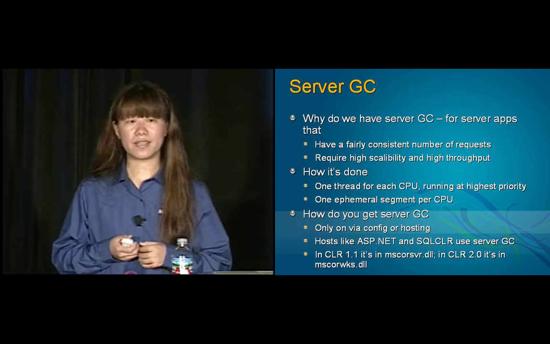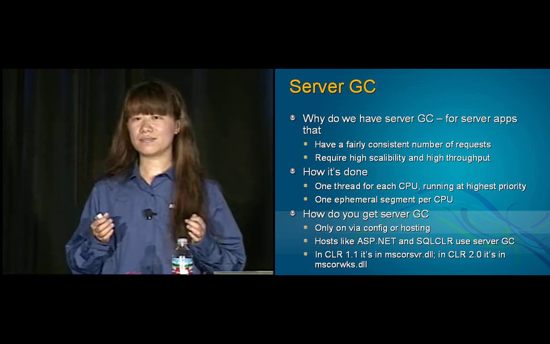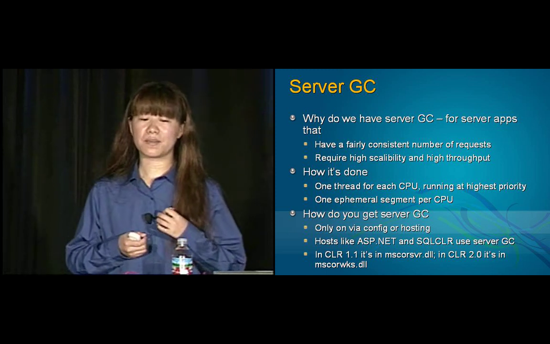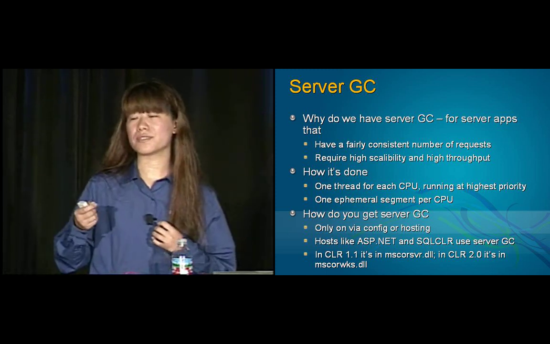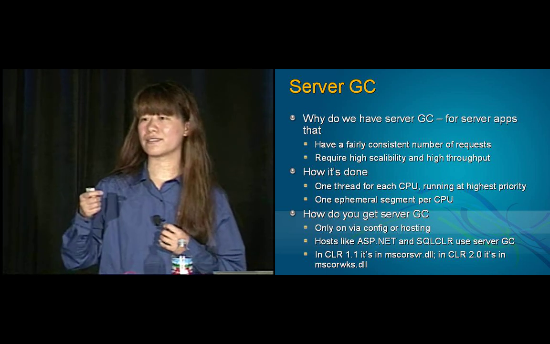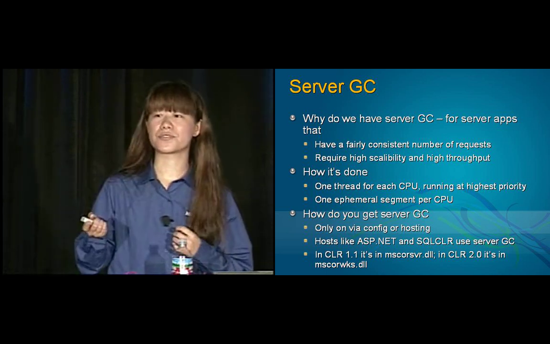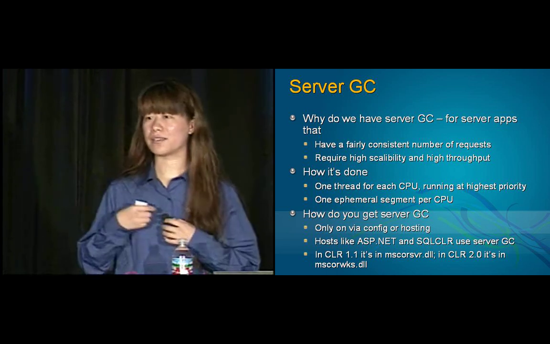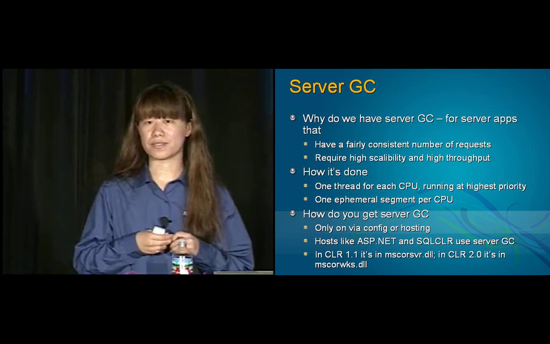And server GC is not on unless you turn it on yourself. You can turn it on by using the app-config tag. It's GC server. I think if you search for that, you'll know how to turn it on. You can also turn it on by a hosting API, CorBindToRuntimeEx.